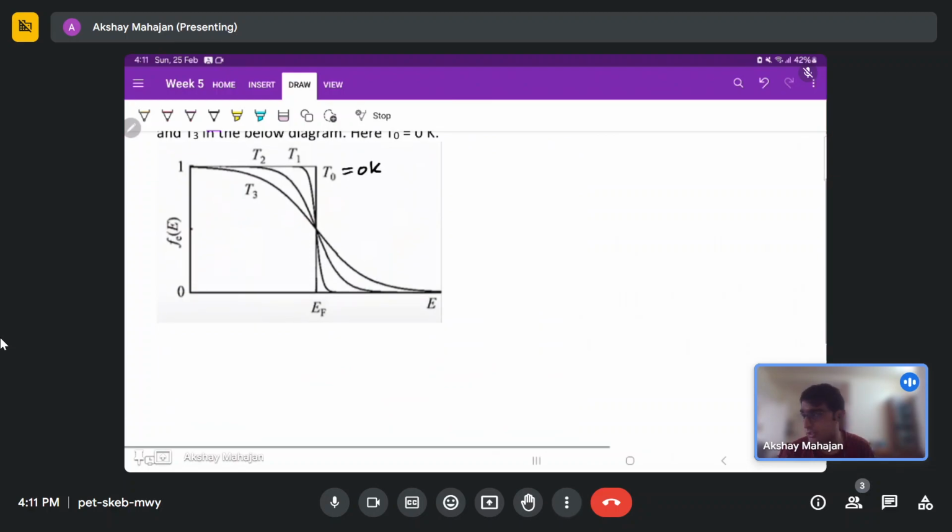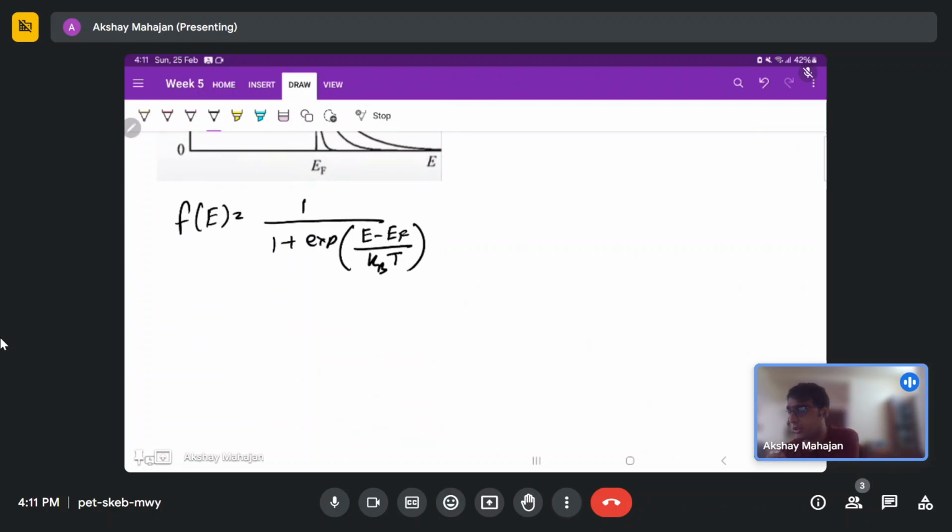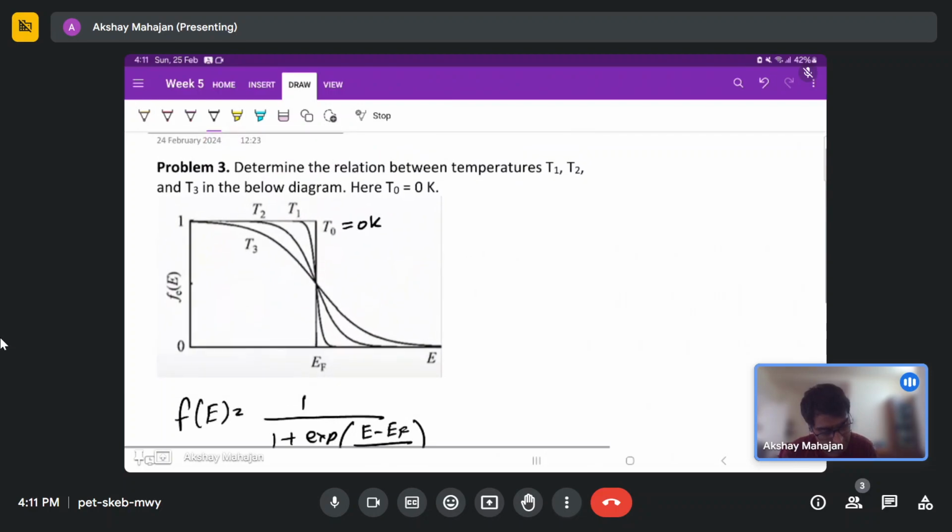We know the Fermi-Dirac distribution, 1 upon 1 plus exponential of E minus EF by kBT. So basically for different temperatures we are given the Fermi-Dirac distribution, how it looks.